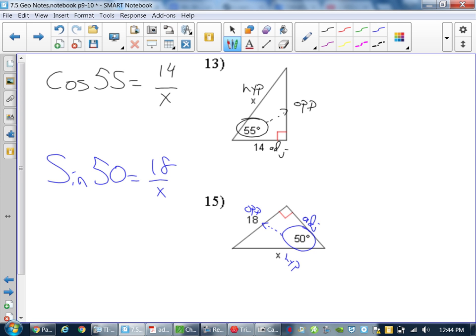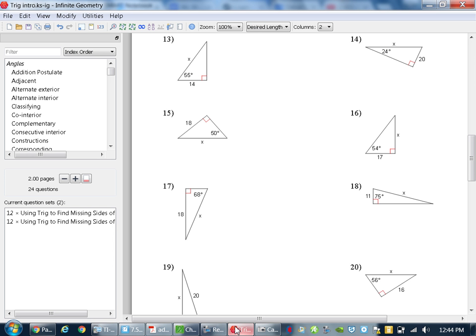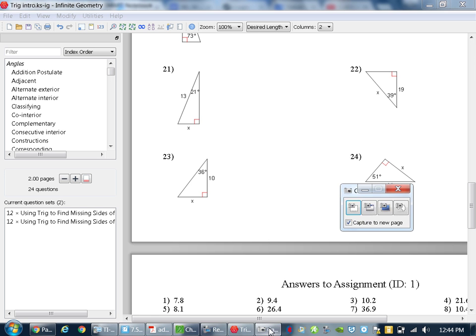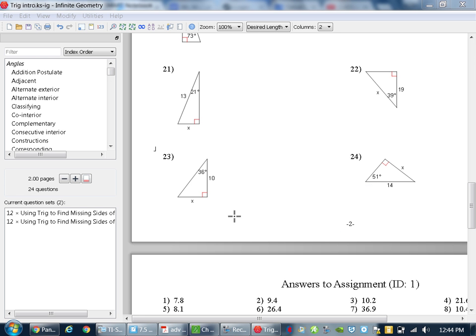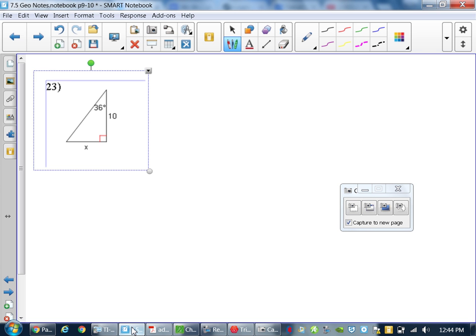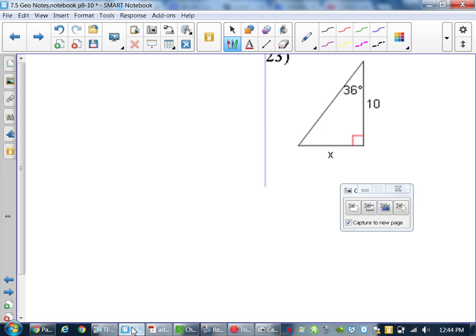Now, with any luck, you guys notice one of two things happen. If I look at 23, we said that this was tangent.